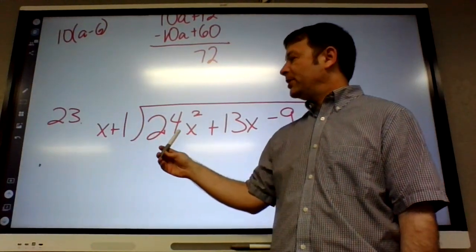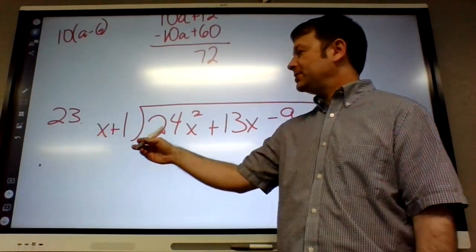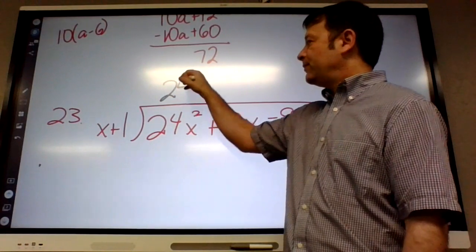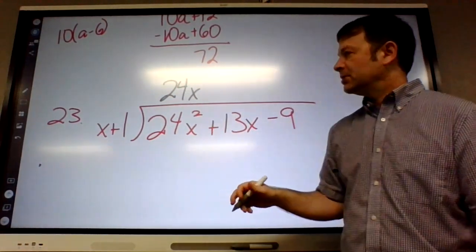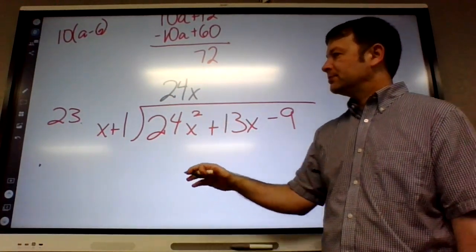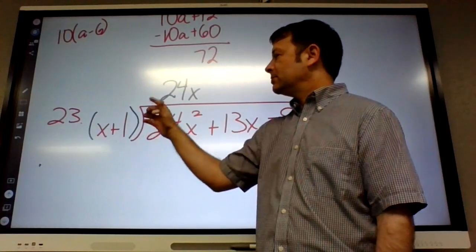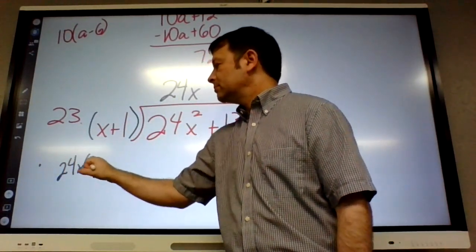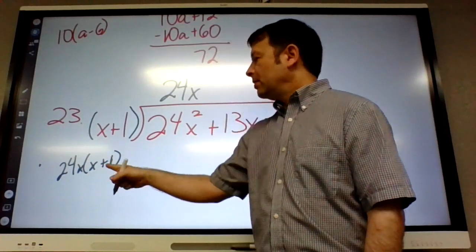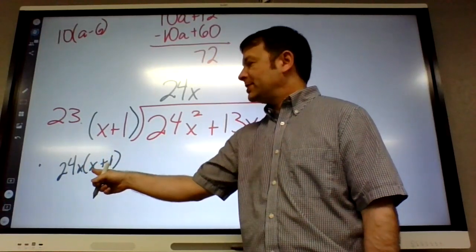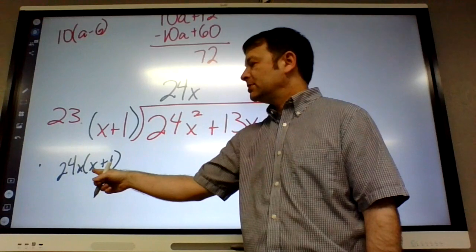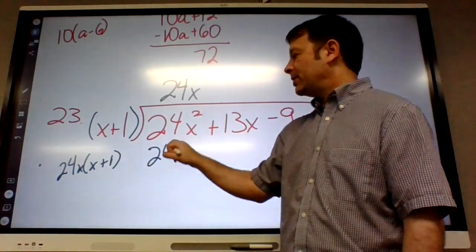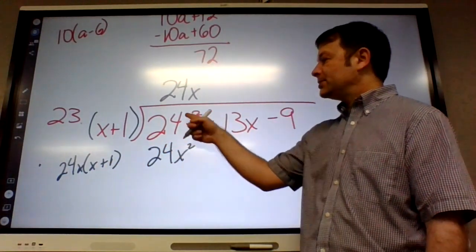Right. 24x squared divided by x, and she said it's just 24x. And then you multiply that by x plus 1. Okay. 24x times x is 24x squared. Yeah, these two should always match.